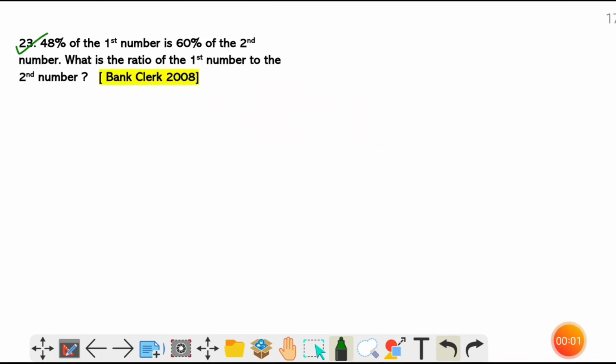Next question. 48% of the first number is 60% of the second number. What is the ratio of the first number to the second number? This question was asked in Bank Clerk 2008. There are two numbers, and 48% of the first number is 60% of the second number. So we have to find the ratio of the first and the second number.